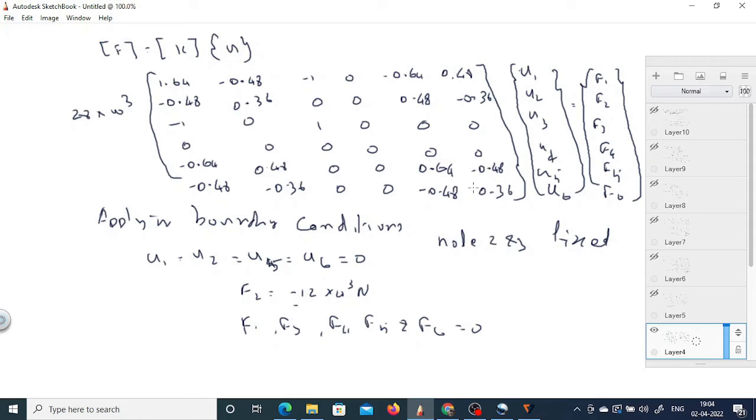So this equation can be rewritten by applying boundary conditions. Sorry, I wrote wrongly here: u3, u4, u5, u6 are 0, because node 2 and node 3 are fixed.